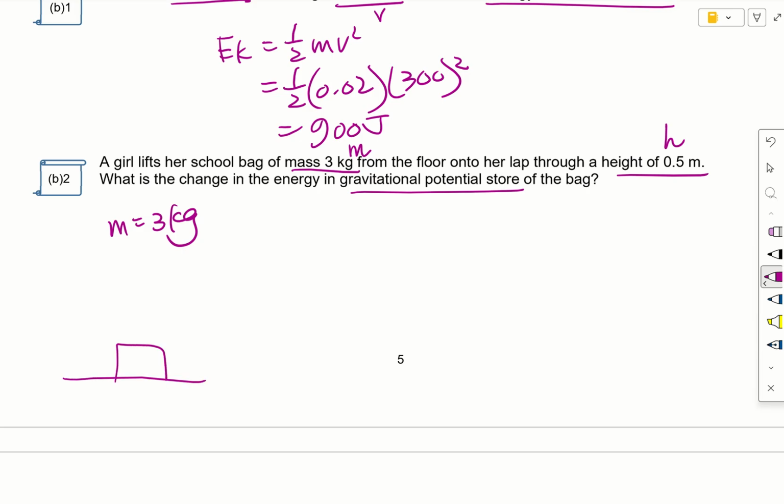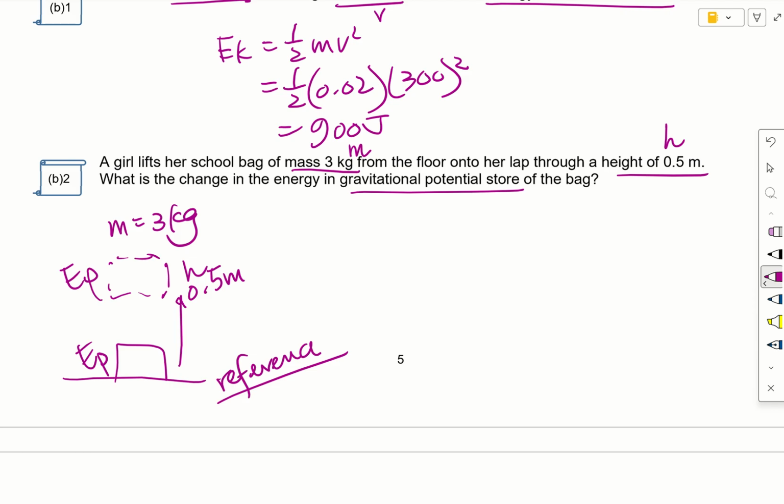Okay, so initially at the floor the EP is 0, right? Because we take the ground as the reference. But now it's being raised up by 0.5 meters, so this is the height. At this position of 0.5 above the ground, it will have a change in the EP, because EP is based on the position above the reference ground.